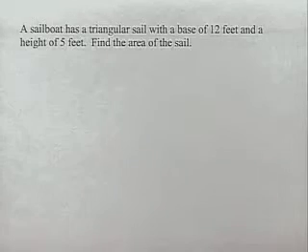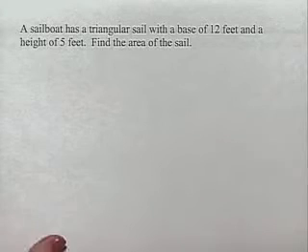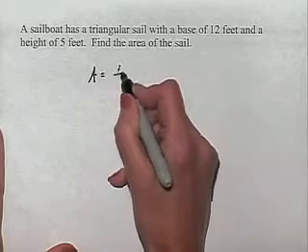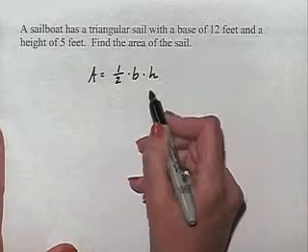Now here's another problem dealing with area, this time for a triangle. A sailboat has a triangular sail with a base of 12 feet and a height of 5 feet. Find the area of the sail. Well, we know that the area of a triangle can be found by taking 1/2 base times height. And we're given both of those units.